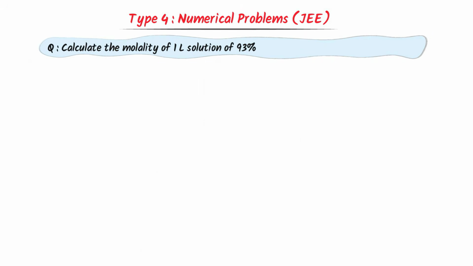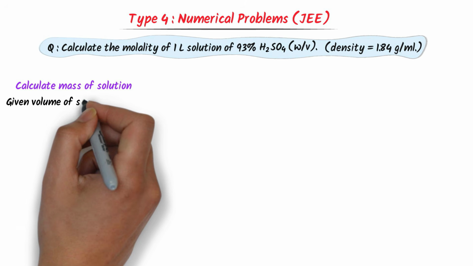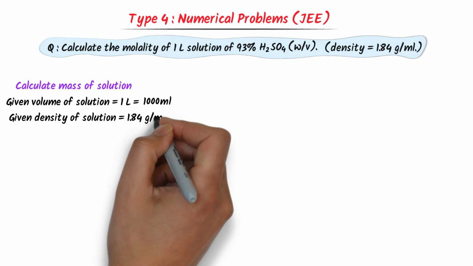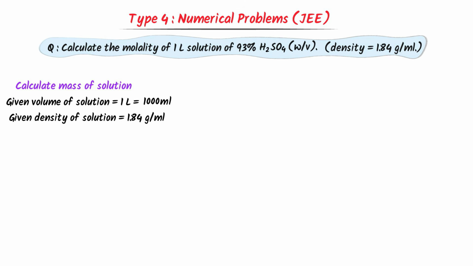Finally, let me teach you type 4 numerical problems, or JEE Main question. Calculate the molality of 1 liter solution of 93% H2SO4 weight by volume. The density of the solution is 1.84 gram per milliliter. Well, I write the given volume of the solution, which is 1 liter or 1000 milliliter. The density of the solution is 1.84 gram per milliliter.